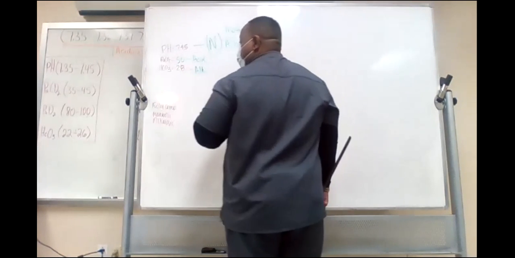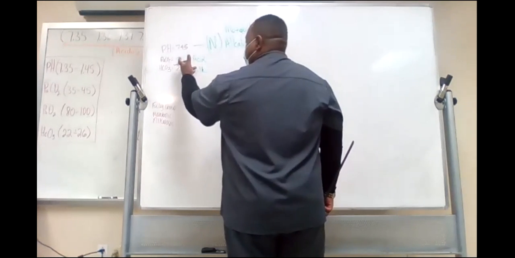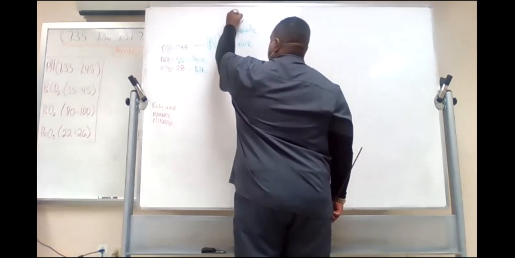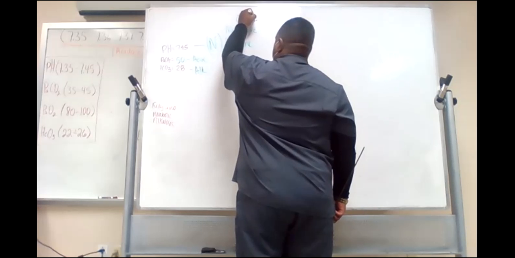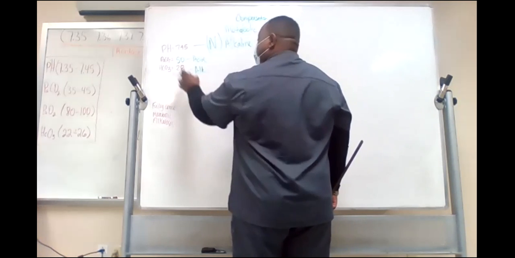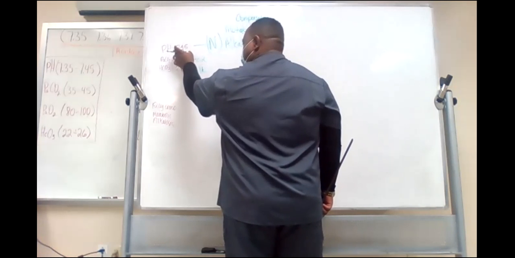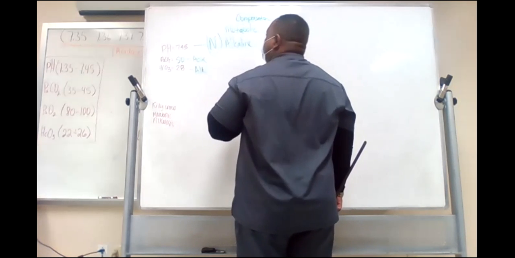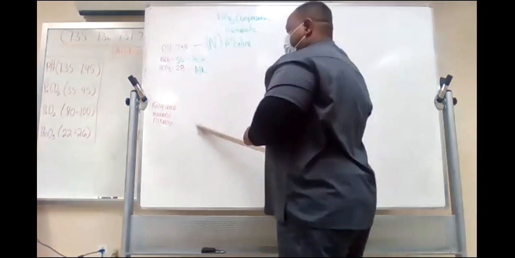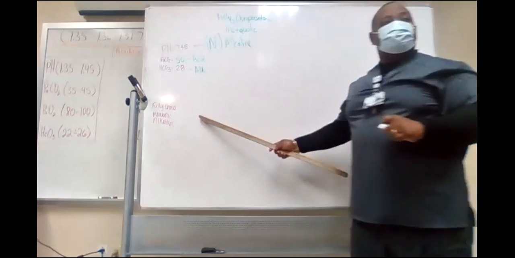The third player in this case would be CO2. CO2 is not in normal range, right? So there is compensation. Now, was the compensation enough to pull pH back into normal range? Yes, so it's fully compensated metabolic alkalosis. Okay?